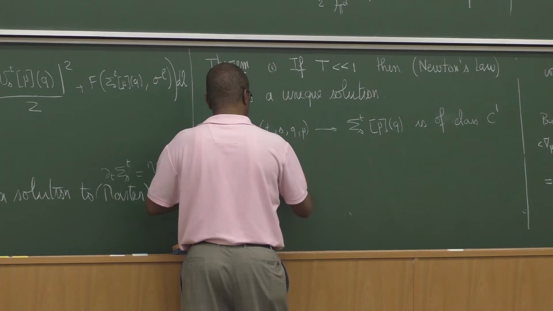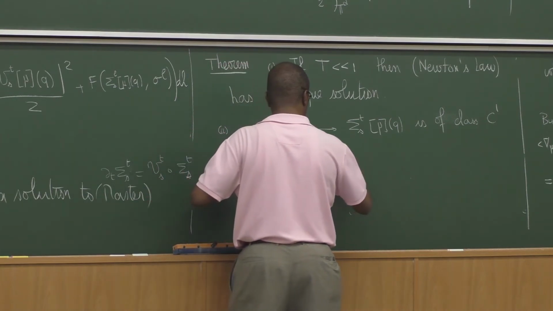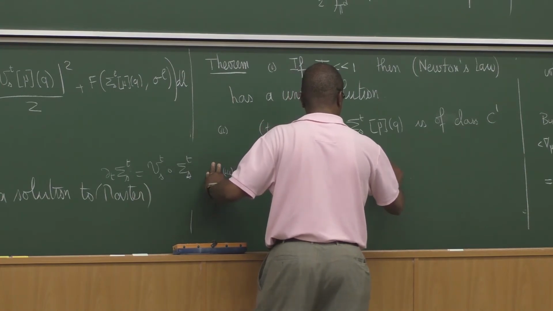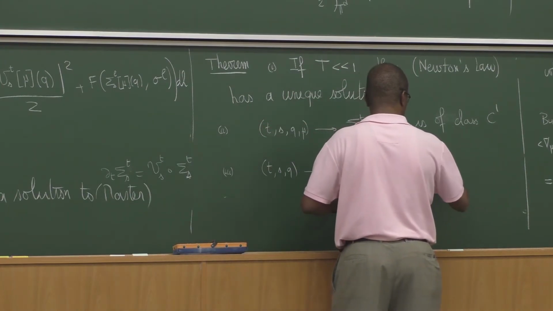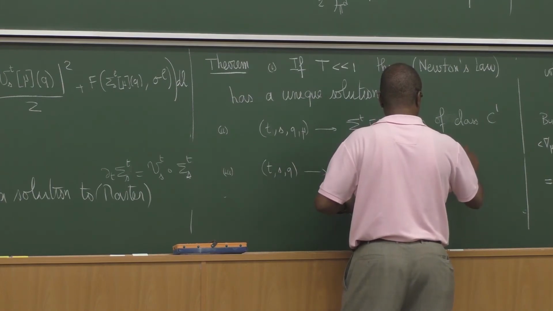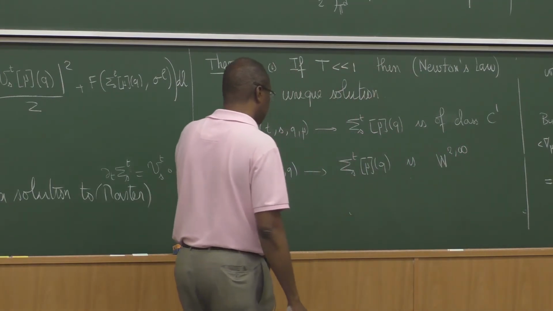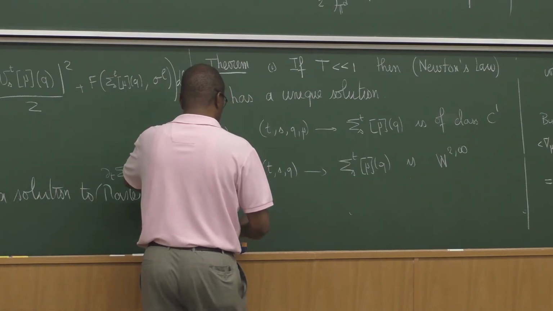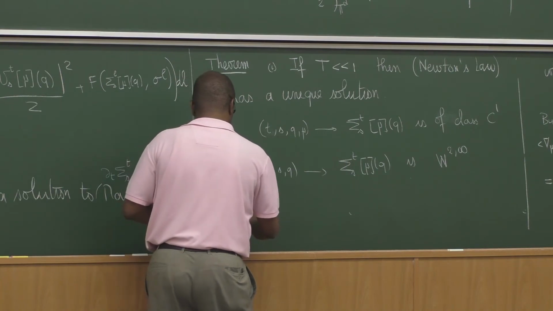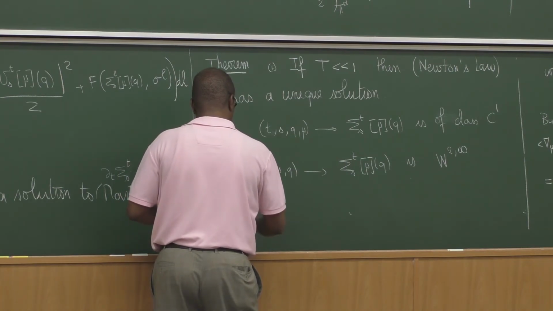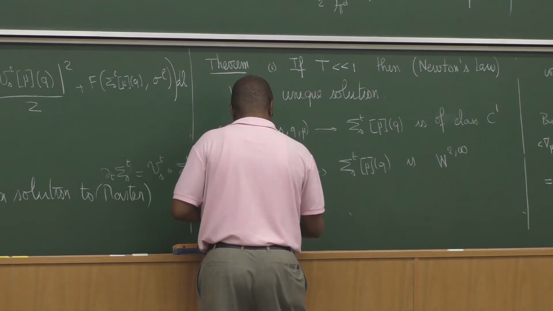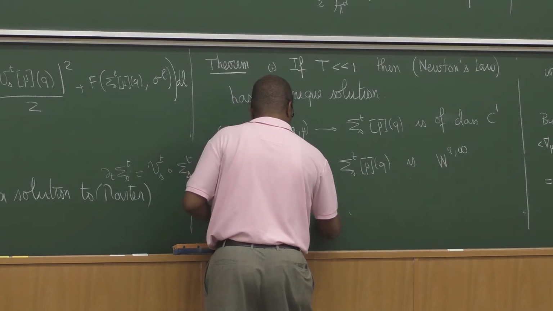T, S, Q goes to sigma S, T, mu, Q is W to infinity. Sigma S, T, Q is invertible.